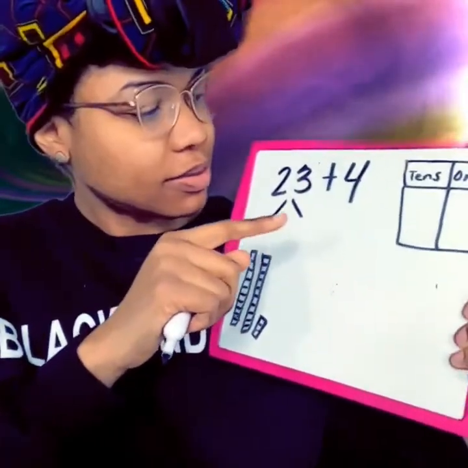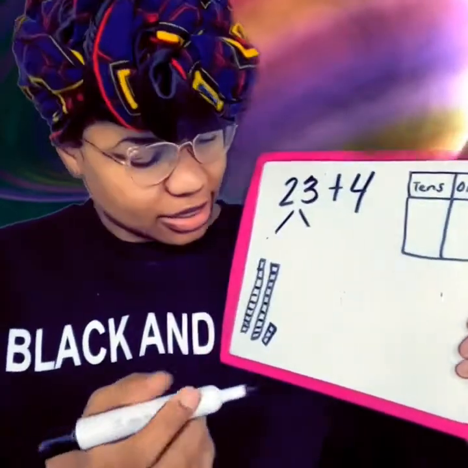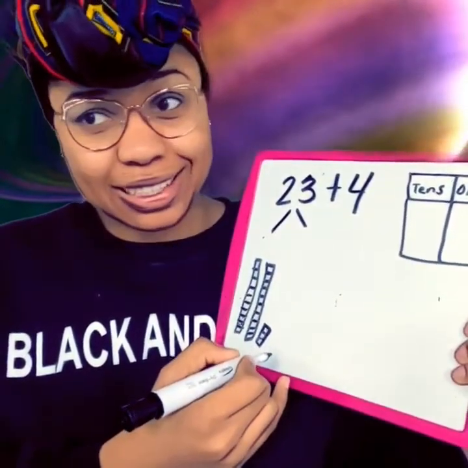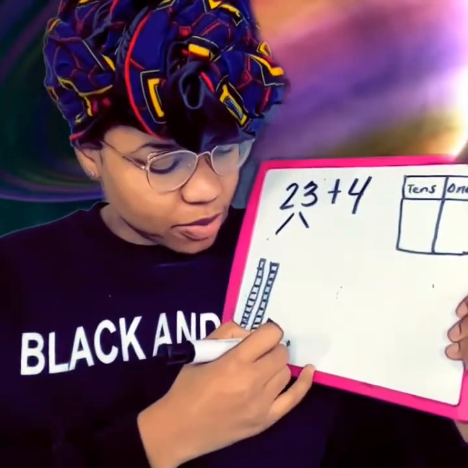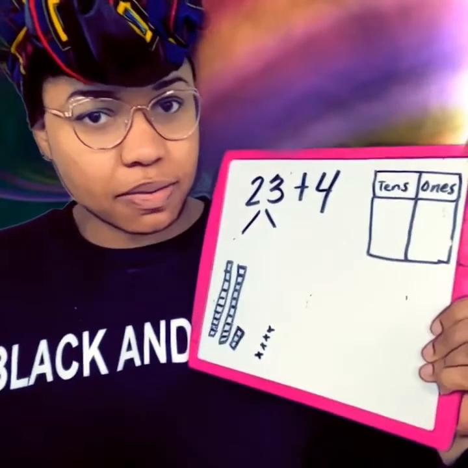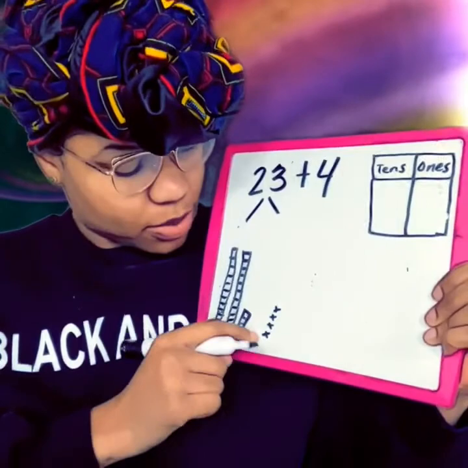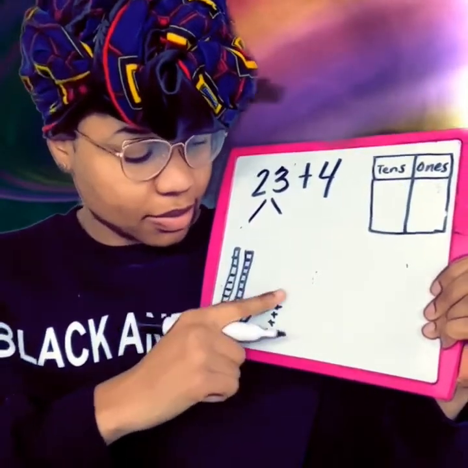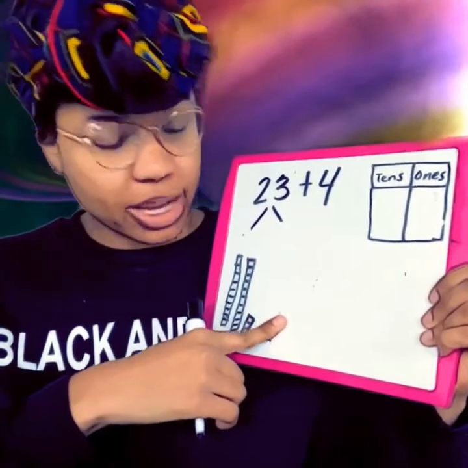Now I notice that I have 4 extra ones. So I'm going to use X's to represent this number. So I have 1, 2, 3, 4. Instead of drawing them over there, I want to move them on top so that when it's time for me to count them all together, I can count my extra ones.